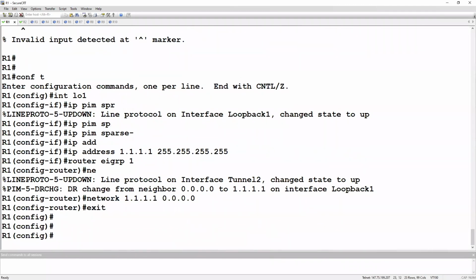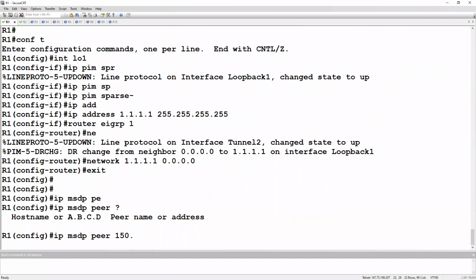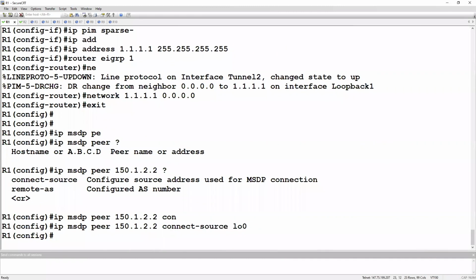Okay, we're then going to configure IP MSDP peers between router 1 and router 2 using their globally routable loopbacks.